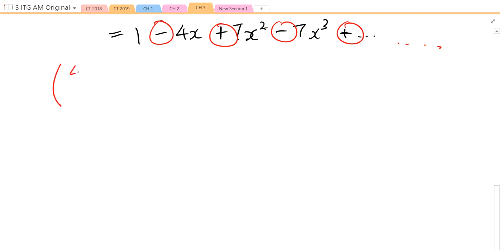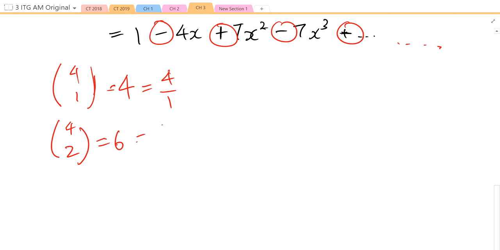We've got 4 choose 1. We all know it is equal to 4. The C refers to choose. You can think of it that way. So we can see that 4 is actually the same as 4 over 1. Then we've got 4 choose 2. It is actually 6, which is 4 times 3 over 2 times 1.